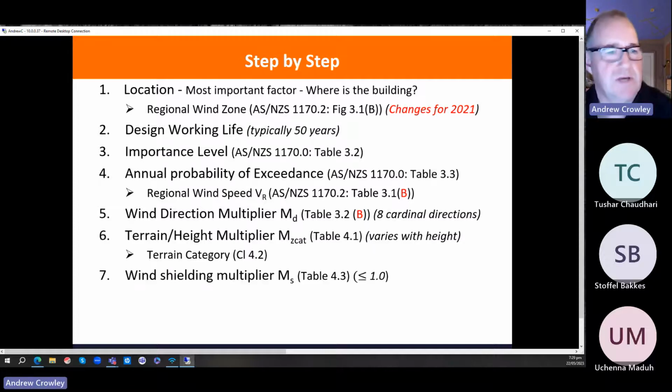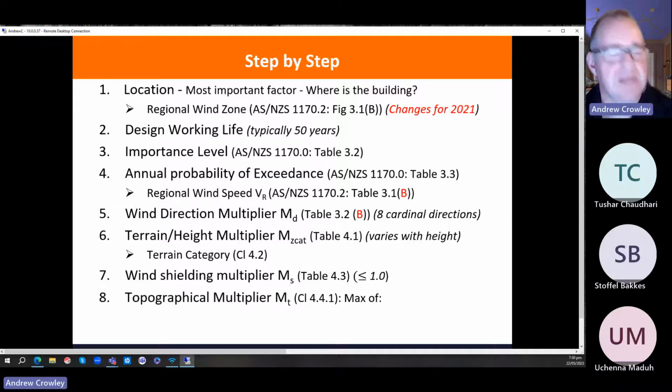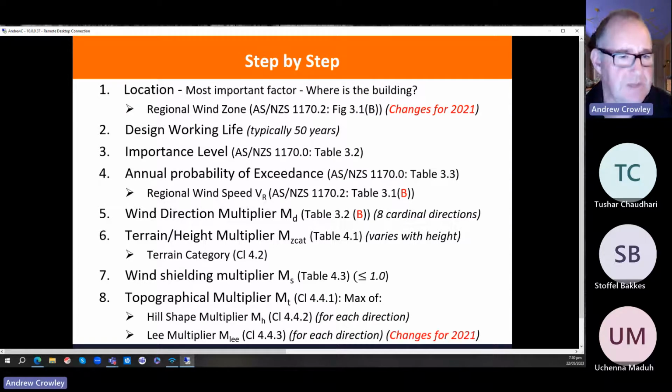We need to know what our MZCAT is, which is related to the terrain, and we also have shielding, which depends upon the buildings around your buildings. So there's a topographical multiplier and there's a Lee multiplier, and you take each of those in turn.